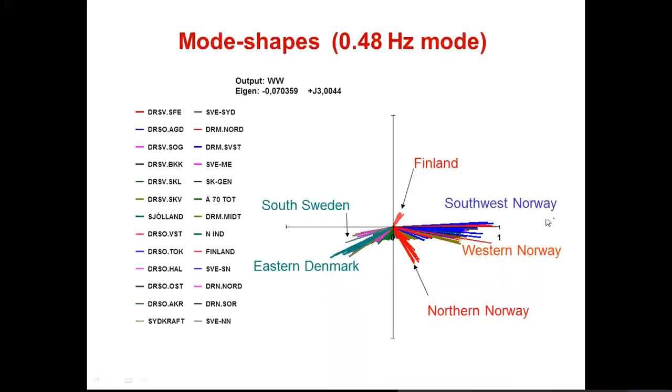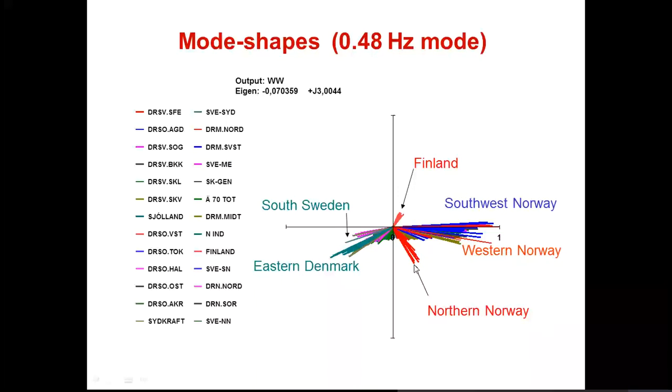So in fact, this mode property is being observed in almost all the generators located across the network. You can say that these modes are in phase opposition, but for this mode, these generators are in phase split.